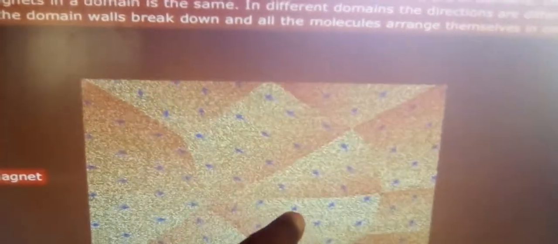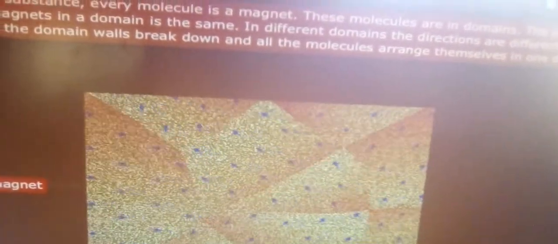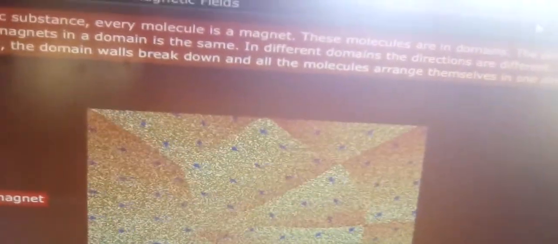You find that in a particular domain, all the atomic magnets are in one direction, and in another domain, they are in another direction. So in a magnetic material, the atomic magnets are arranged in various directions.